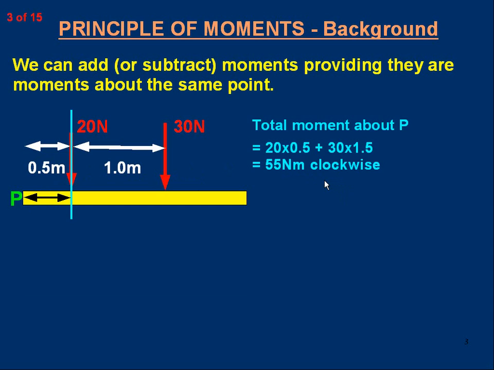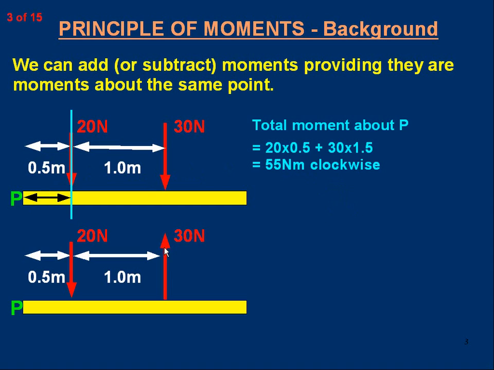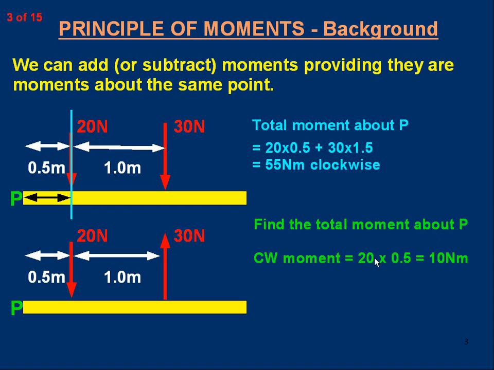Here's one for you to try. It looks the same, but if you look carefully, you will see I've reversed the direction of the 30 Newton force. So, can you find the total moment of those two forces about point P? Pause the video and have a go. Let's go through that. First of all, let's do the clockwise moment separately.